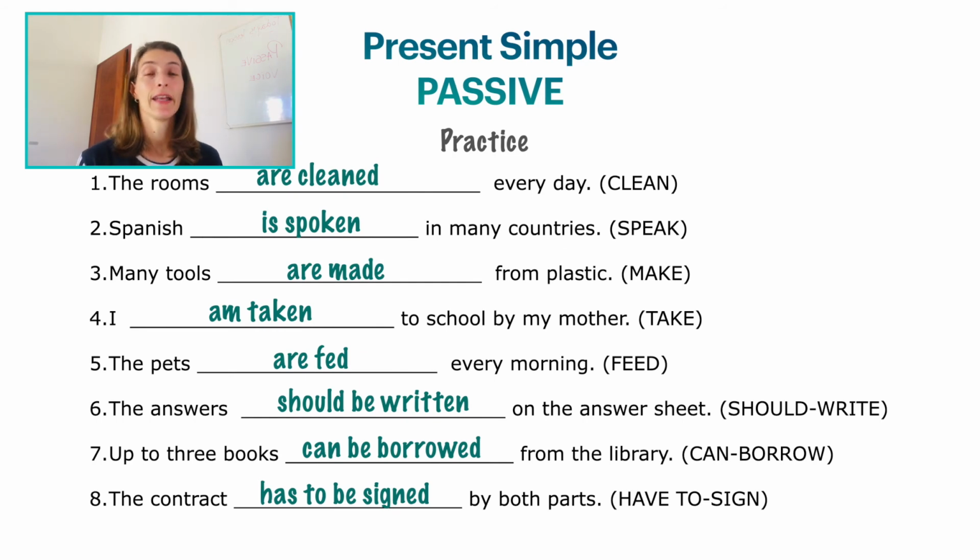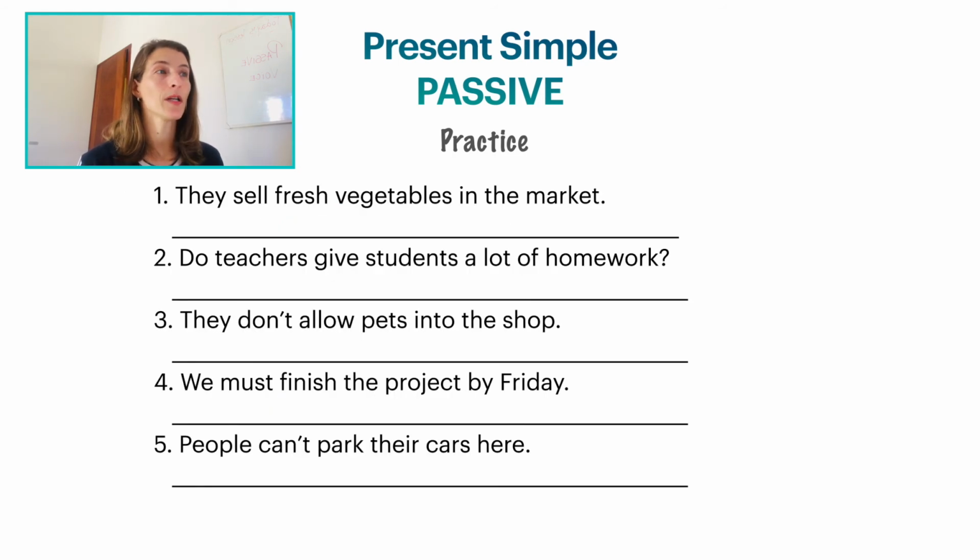Very good. Now, ahora vamos a continuar con la práctica y acá tenemos que pasar las oraciones. Tenemos las oraciones en voz activa y las tenemos que transformar en voz pasiva. So, number 1 says, they sell fresh vegetables in the market. Ellos venden verduras frescas en el mercado.